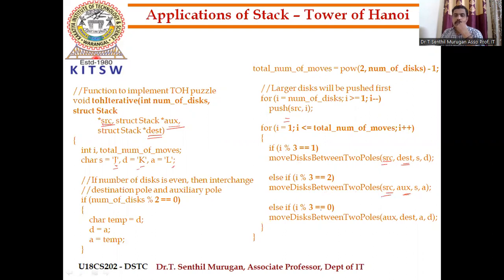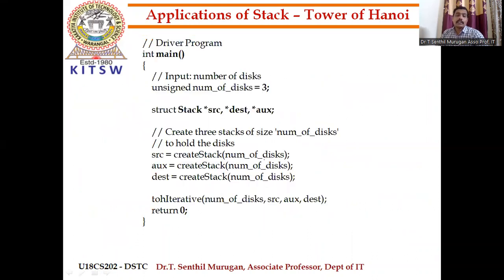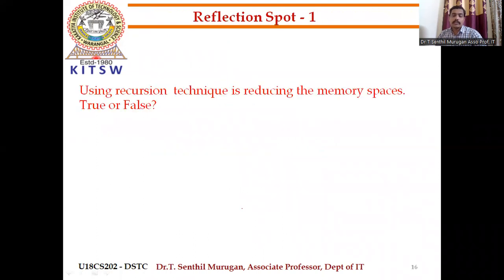In case of 0, auxiliary to destination. Okay, we can check these values. Finally, we can call the function to create the stack with the source pointer, auxiliary pointer, and destination pointer, with the number of disks. After calling those functions, the Tower of Hanoi function is also called to perform those operations.